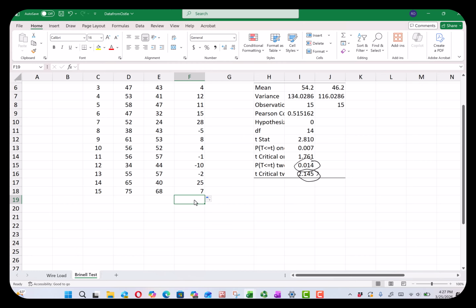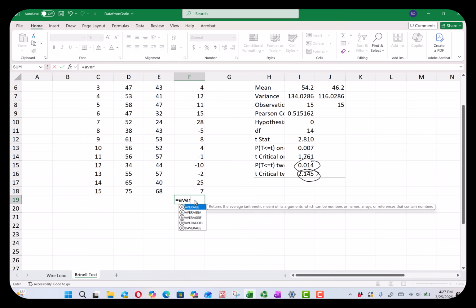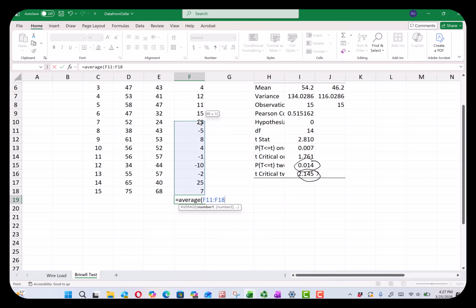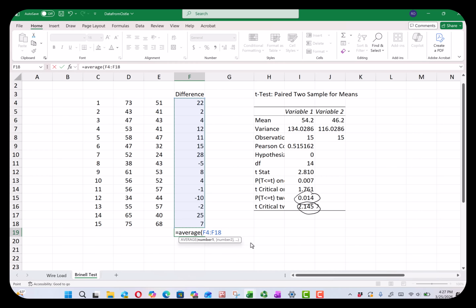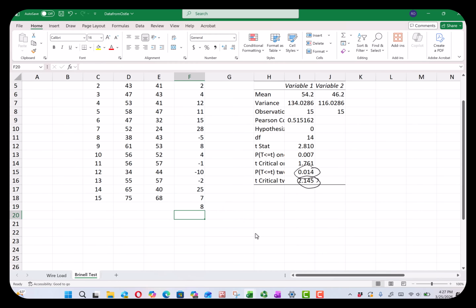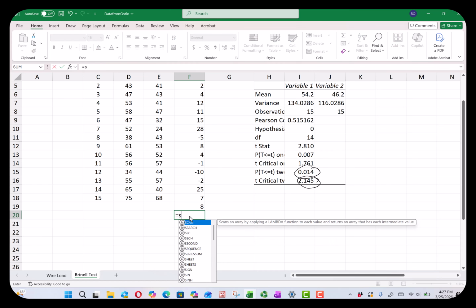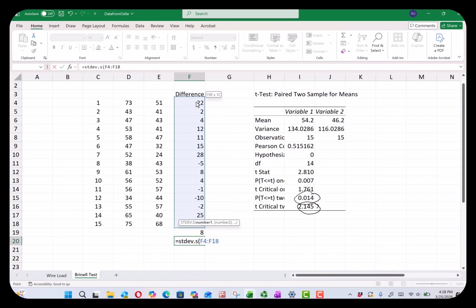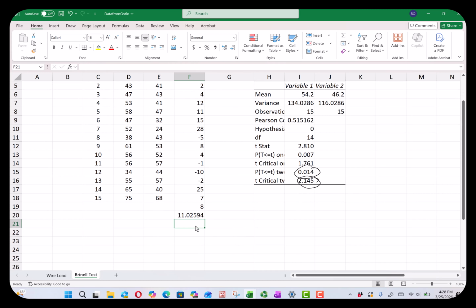So the first is the average, and we want the average of the differences. And the average difference is 8. The standard deviation of the differences, STDEV.S, and the standard error calculation is the same as always, standard deviation divided by the square root of the sample size.